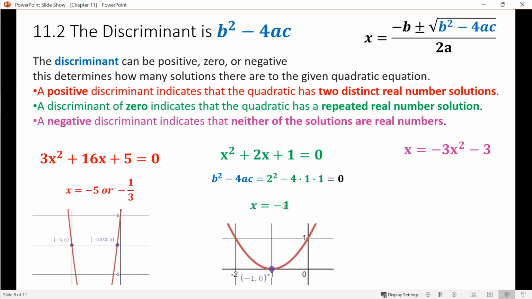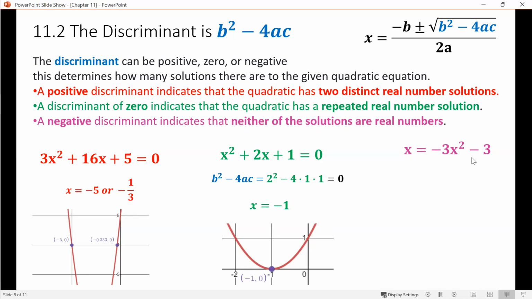When we graph this equation, it's a parabola that is only going to touch the x-axis exactly once. So knowing the discriminant really will help us when we get to graphing these equations. If our discriminant is a real non-zero number, we've got 2 places we cross the x-axis. If our discriminant is 0, we are only going to touch the x-axis at 1 point.